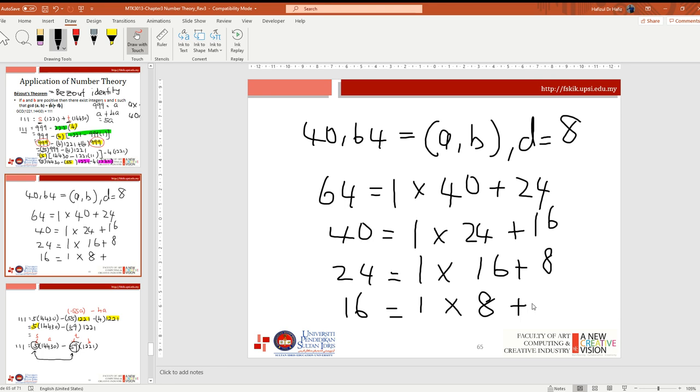Dua apa? Betul, 2 kali 8 tambah kosong. Tapi yang ni kita nak buat, kita nak D. Kita nak tengok D, dia punya D tu 8 ni extended je. Kita tambah 8.